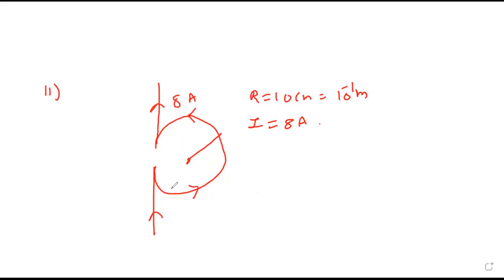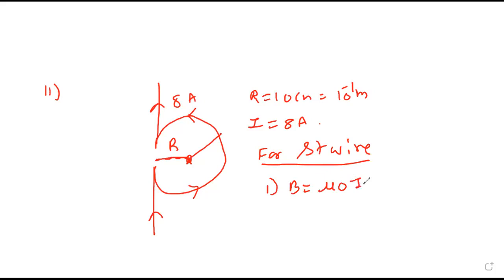Yeah, so at this point, we'll have field due to the straight wire also and due to the circular loop also. So through the straight wire, do you know at distance r what is the formula for field? Mu naught I upon 2 pi r.